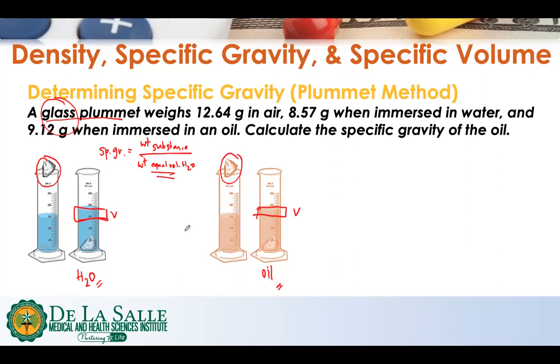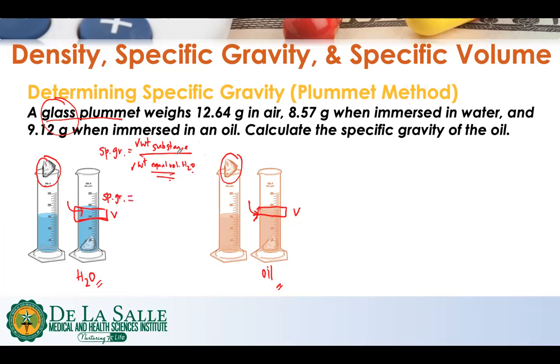So what we only need to do is to determine the weight of the displaced water and the weight of the displaced oil to represent the weight of an equal volume of water and the weight of the substance, respectively. So, where are we going to get those weights? We get them from the apparent loss in weight of the glass plummet.